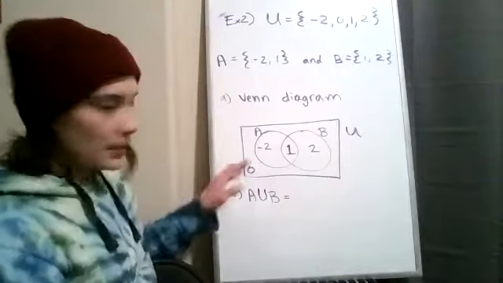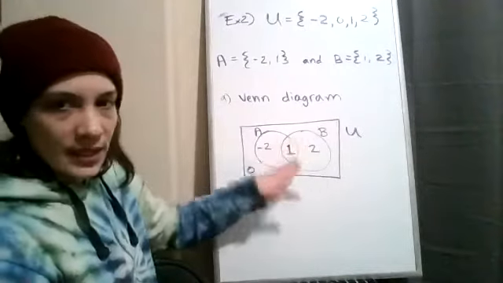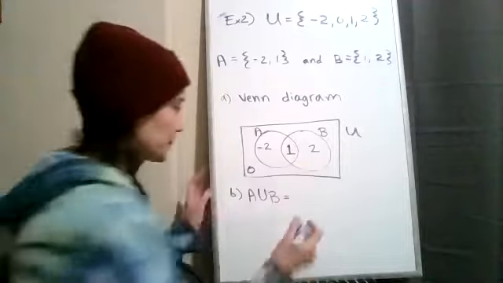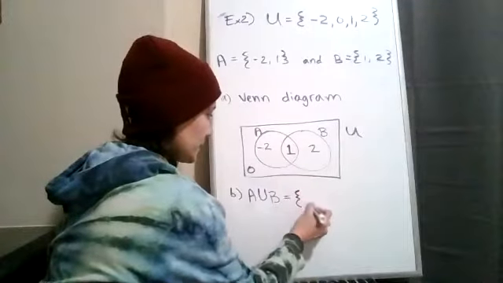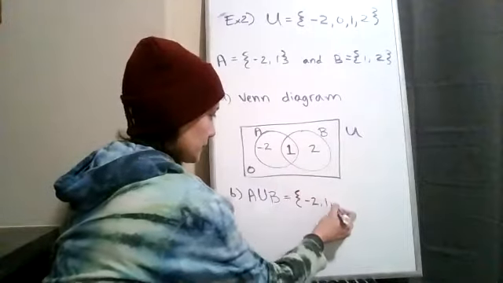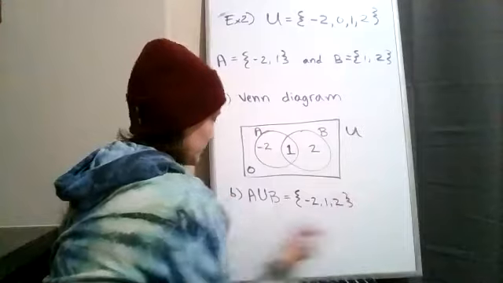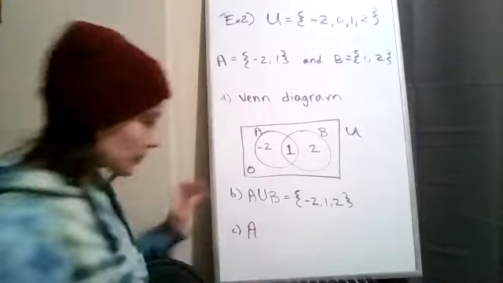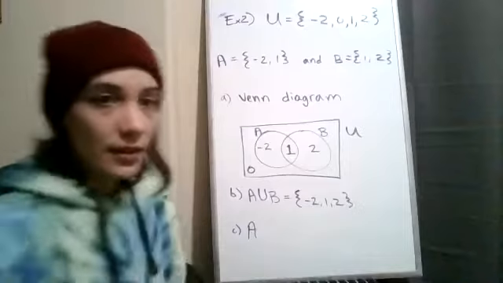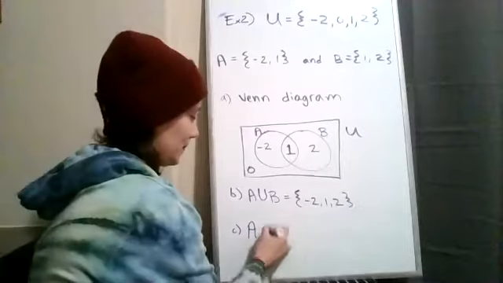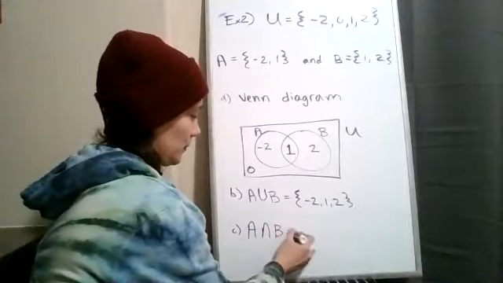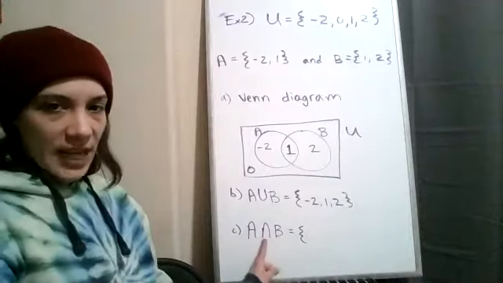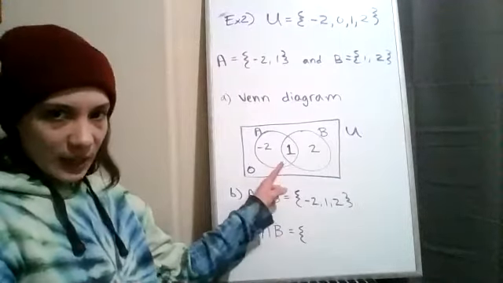Okay, so A union B is the set A with set B. So -2, 1, and 2. A intersect B. So what they have in common is that element 1.